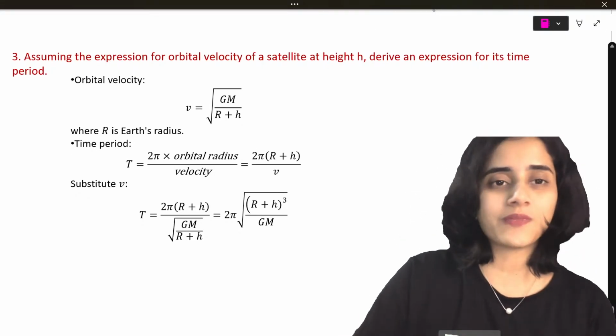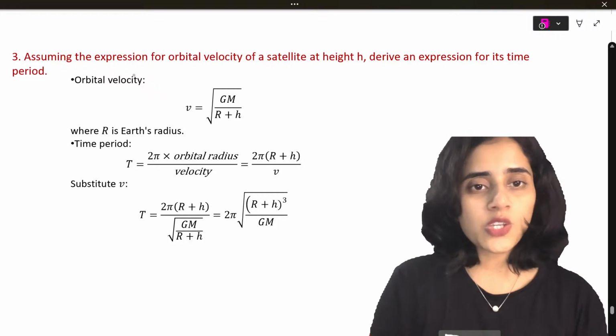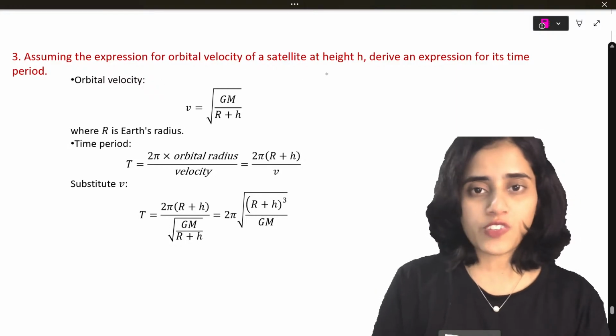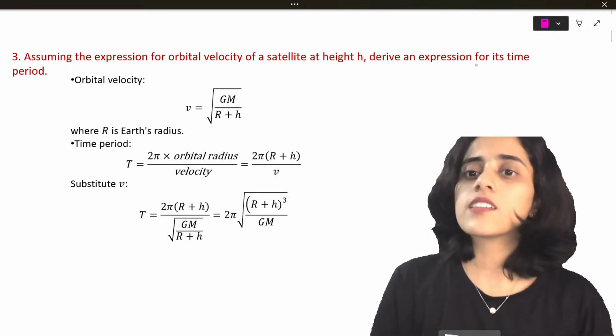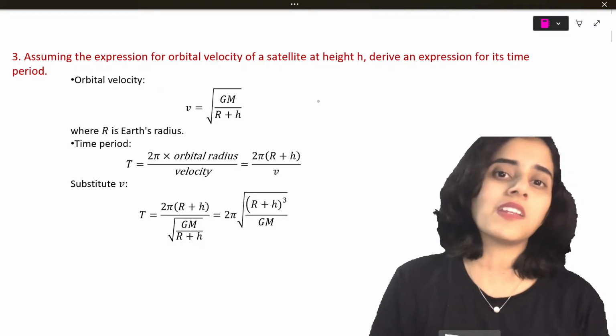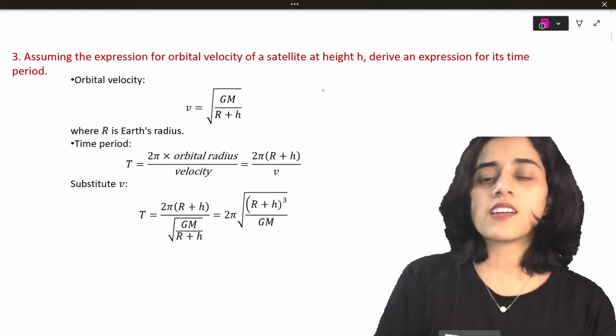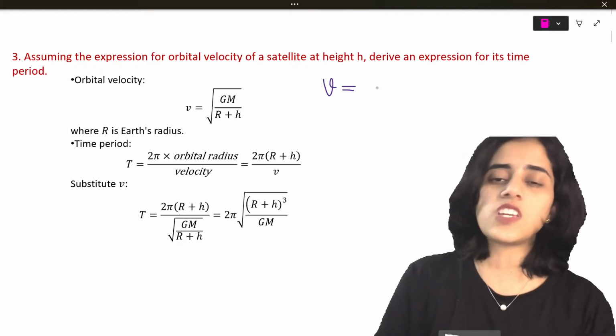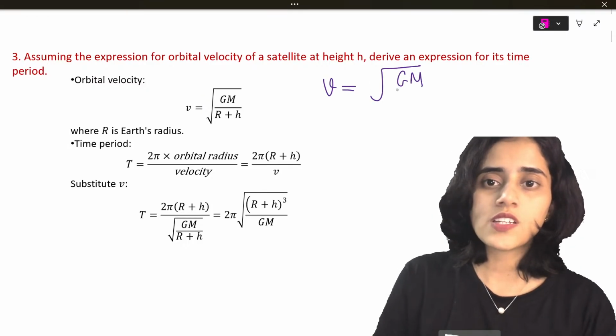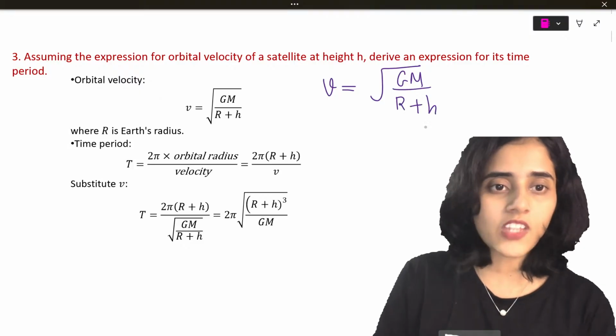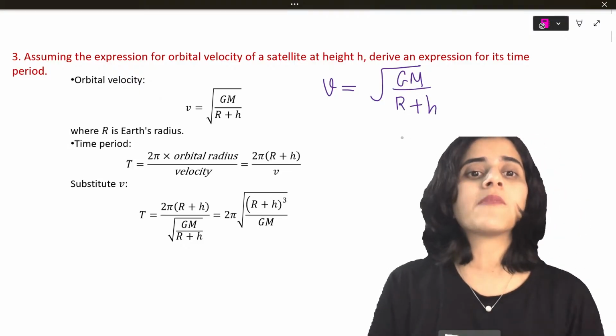Next question. Assuming the expression for orbital velocity of a satellite at a height h, derive an expression for its time period. So we already have learned in the chapter that the formula for velocity is v equal to square root of GM divided by r plus h. And what is time period?